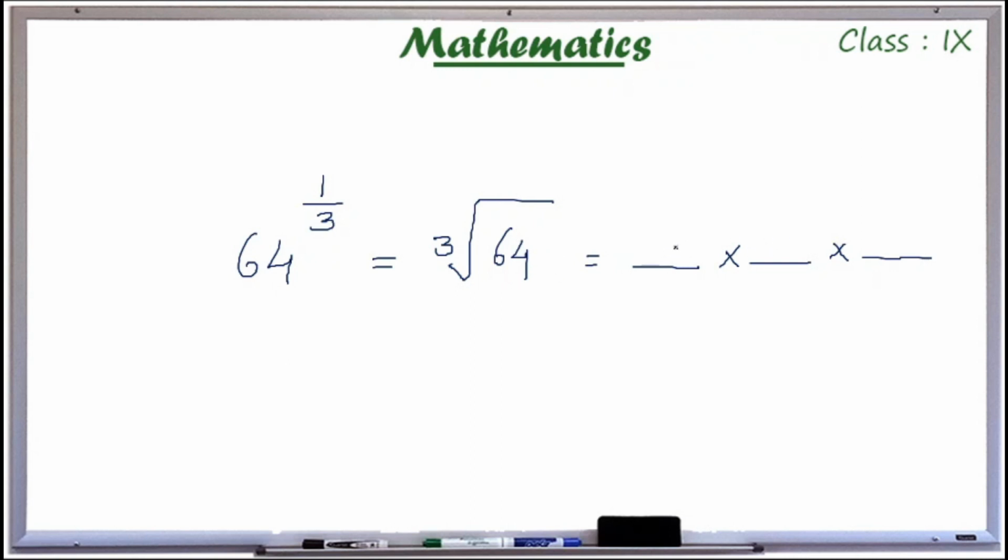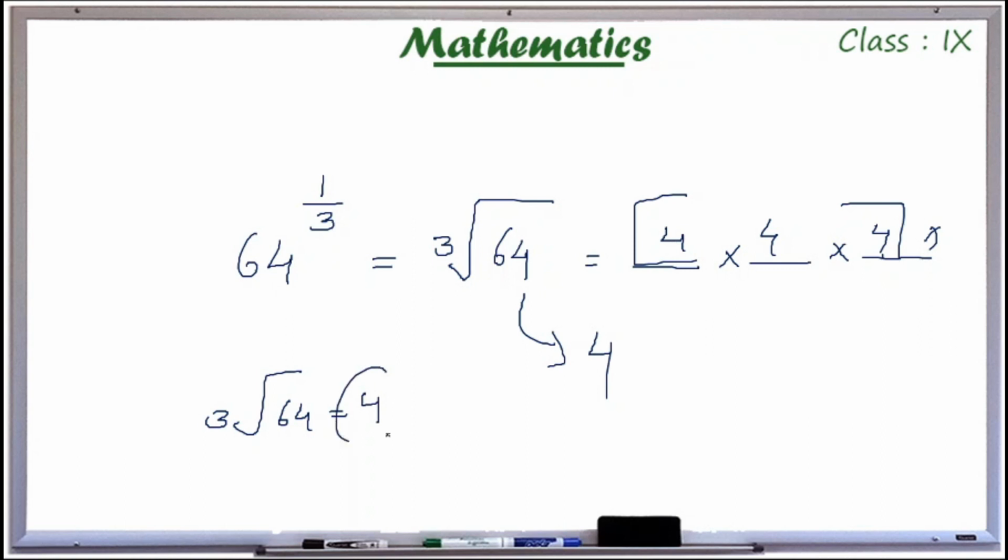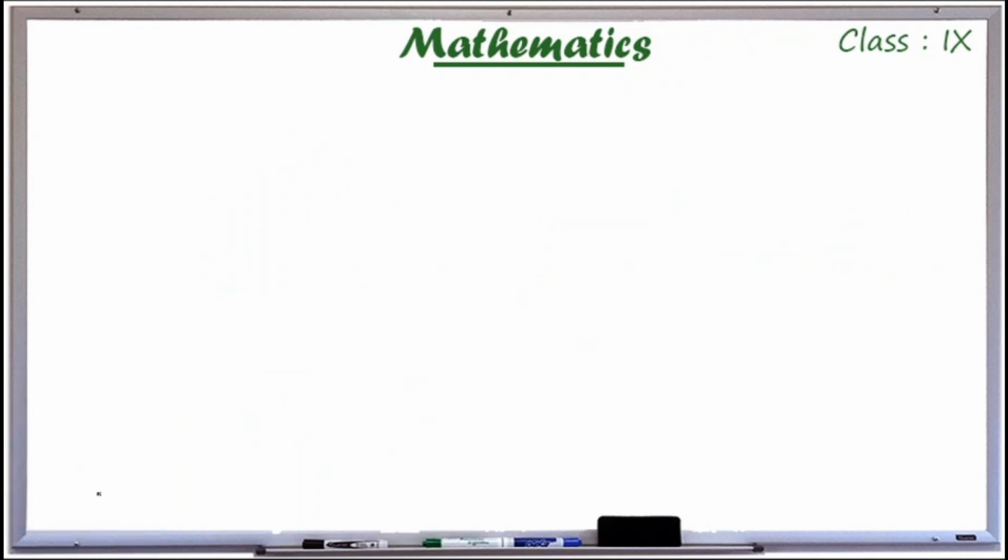The number is 4. 4 into 4 into 4 is equal to 64. So the answer of third root of 64 is 4. Don't write like this. You can directly write 4. So cube root of 64 is 4. 64 raised to 1 by 3 means cube root of 64 or third root of 64. Both are same. So through problems you will understand better.